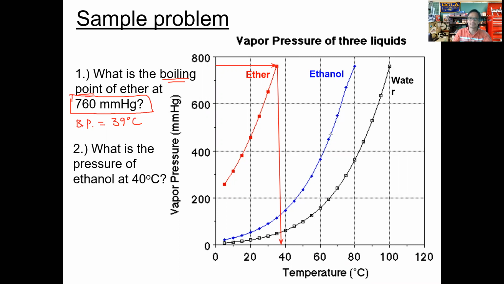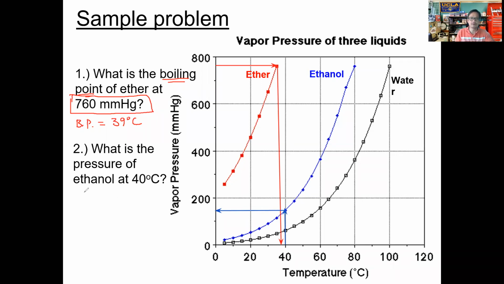Ethanol is the blue curve here. Let's go to 40 degrees Celsius right here. So at this 40, we'll trace our line up to the graph, at that point right there. And then we will move over and trace it back to the y-axis. At that point, that's about what, 150, 180 millimeters of mercury.